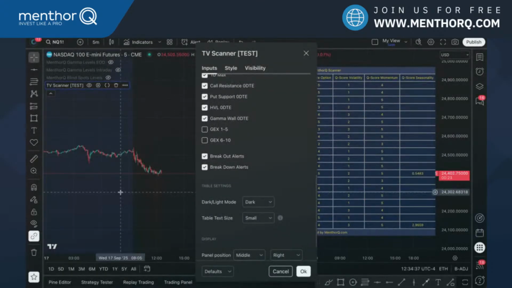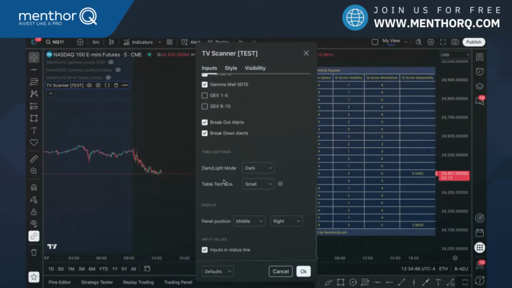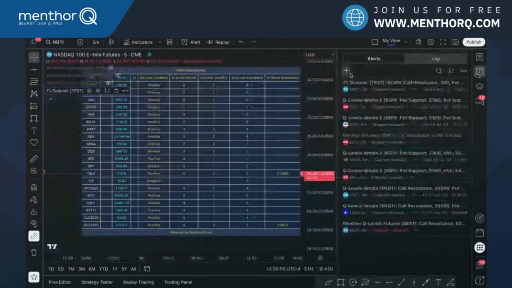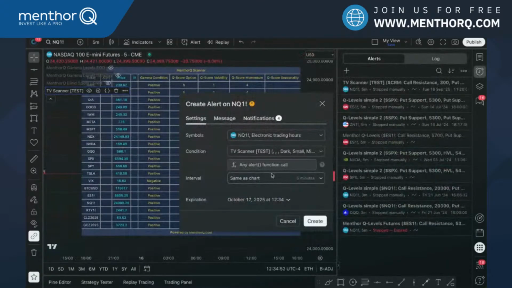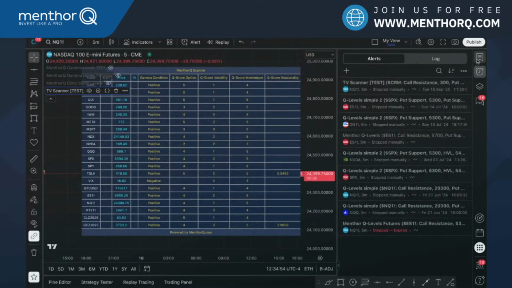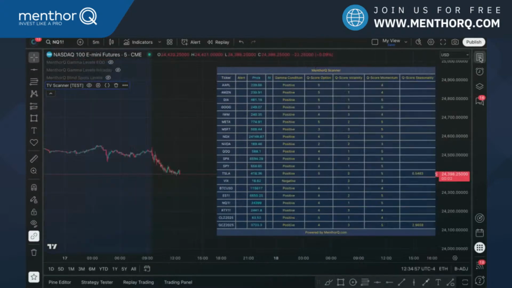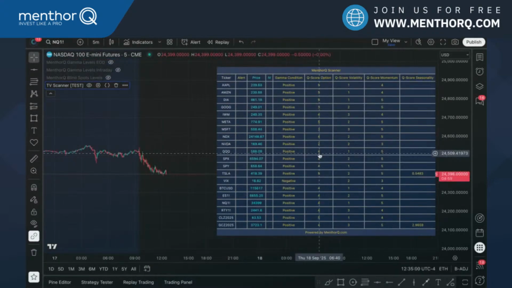Breakouts are from the bottom to the top, breakdowns are from the top to the bottom. So you want to be alerted when the price crosses from below to above or from above to below. Once you do that, you can come here, set up an alert, and this is going to alert you on all these assets in real time. So big, powerful tool available for you guys as of next week.